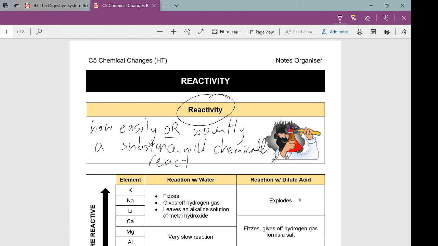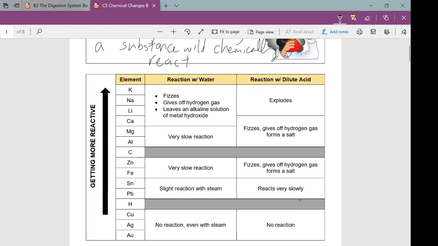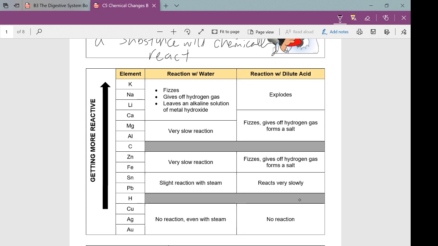And you would have also been introduced to this chart, which is basically the order of reactivity of metals. However, there are 2 non-metals here that are also included in this list. The ones at the very top are going to be the most reactive, and the ones at the very bottom are the least reactive.